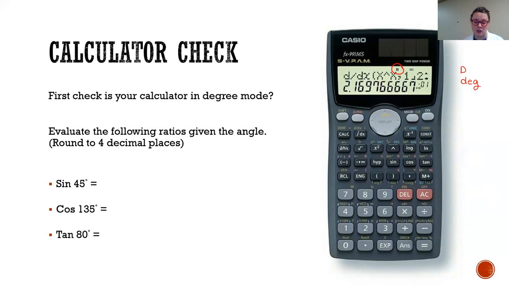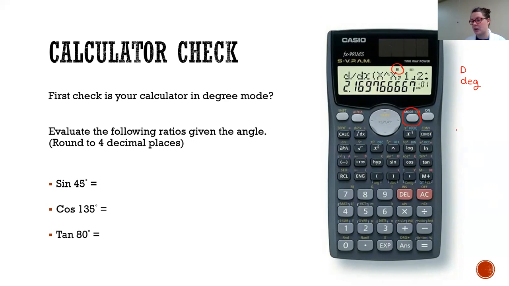I pressed it 1, 2, 3, 4 times. So for this calculator, press the mode button until it says degree, grad, or rad, and then press the number that corresponds with degree, which is 1.